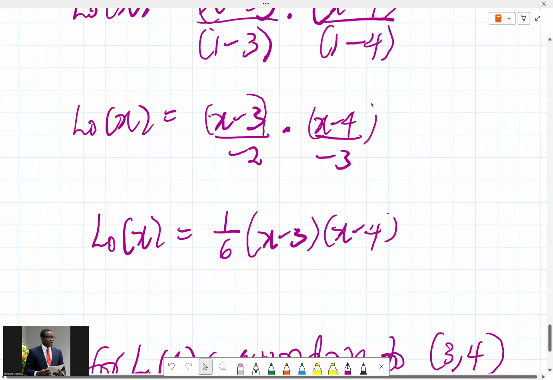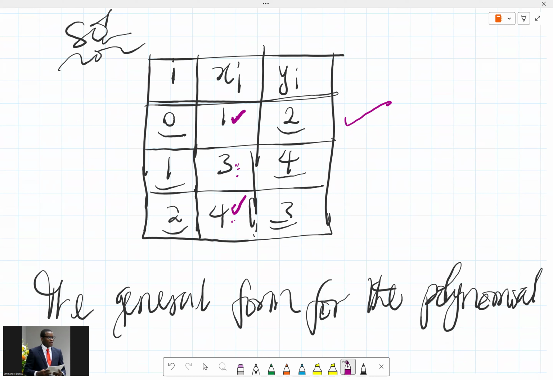So this is x naught. This is x2. Because we are at this point now, so we have x minus 1 divided by 3 minus 1 times x minus 4 divided by 3 minus 4, since we are focused on x1 here.